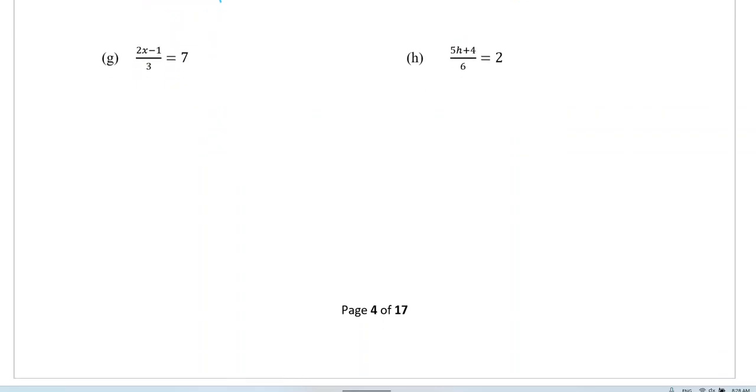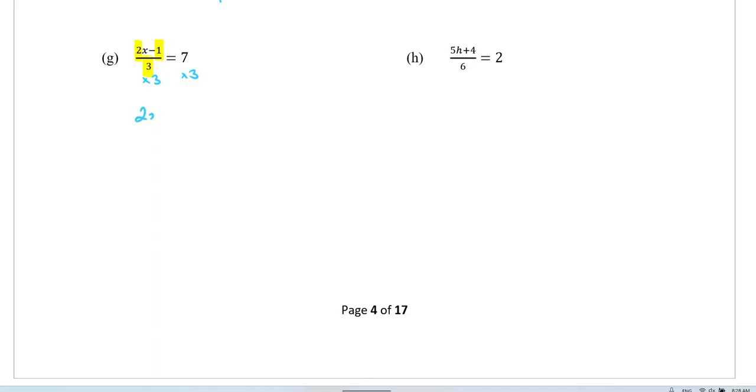For G and H, we are now going on to 3-step equations because we have the 2, the minus 1, and the 3. There are 3 numbers on the same side of the equation as the x. So like we were saying before, if there's a fraction, before you can do anything with the numbers on the top of the fraction, you have to get rid of the number on the bottom. So the first step is to times by 3.